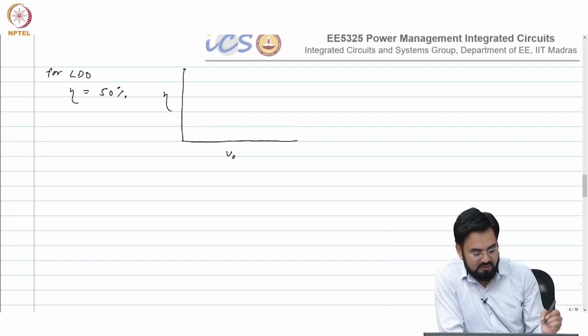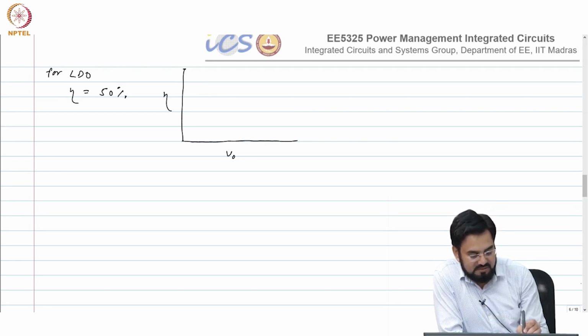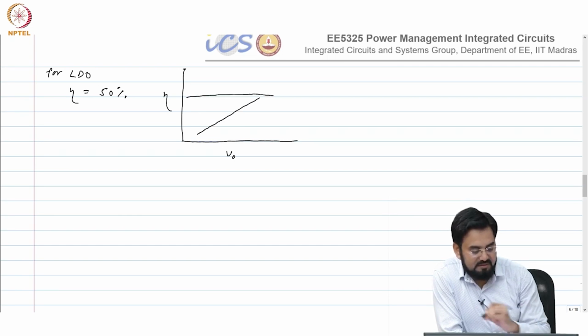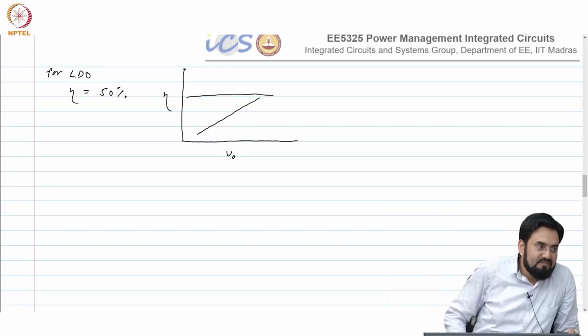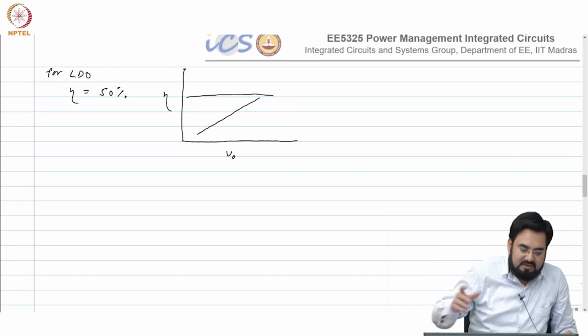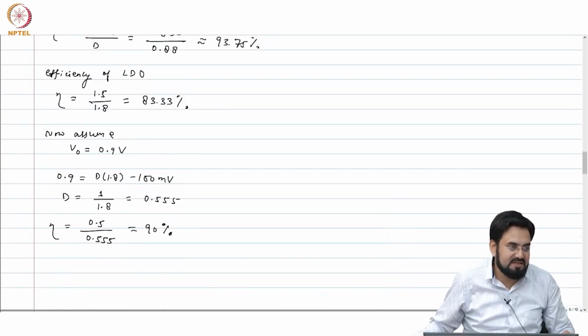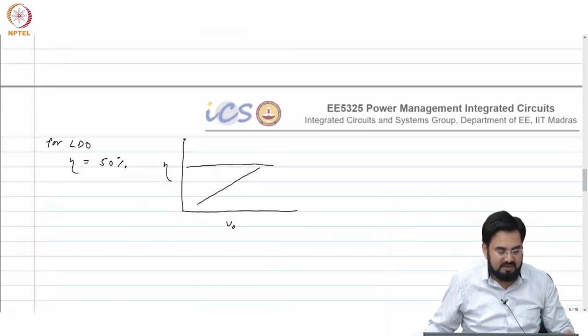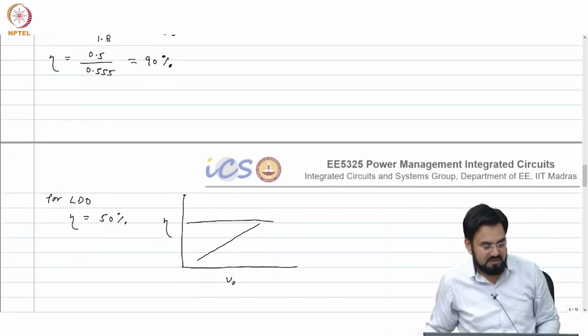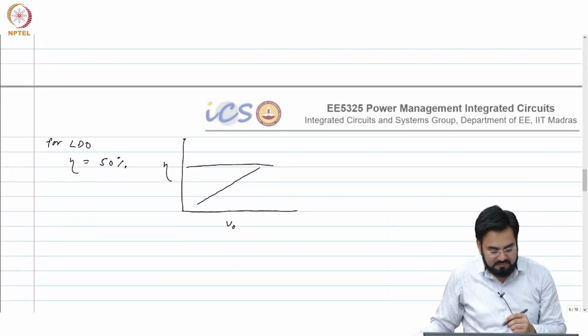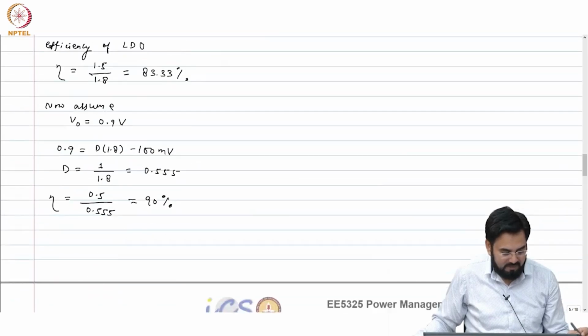What was happening when V out was increasing? LDO efficiency was increasing, but switching regulator was keeping very high. So that's why you get almost flat efficiency. You will see some differences because your output power is changing, okay, but losses are not changing. So there will be some differences in the power number.